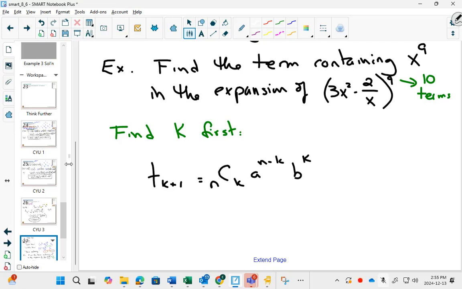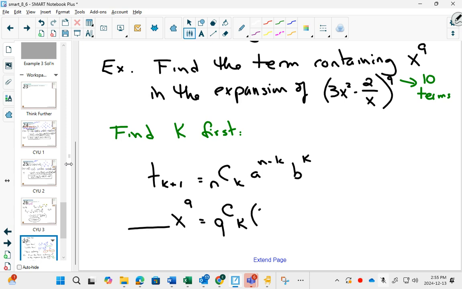And then I'm going to use what I know from this question. What I know is that when I find the term, it's going to have an x to the 9, but it probably has a number in front. I just don't know what that number is. But I do know that it has an x to the 9. I know my n. My n is 9. I just don't know what k is.